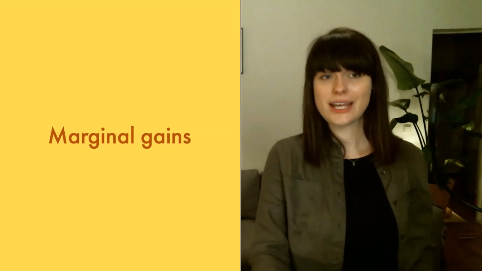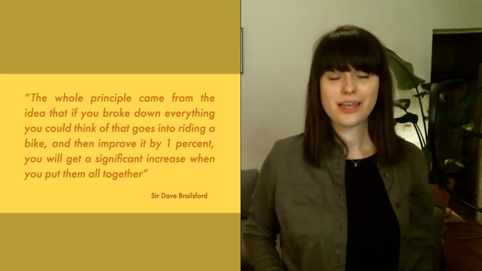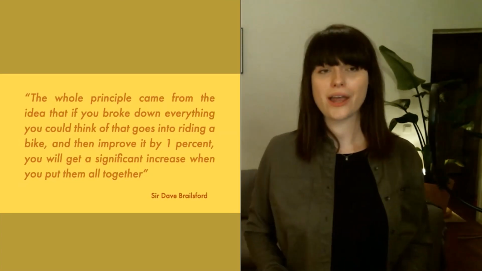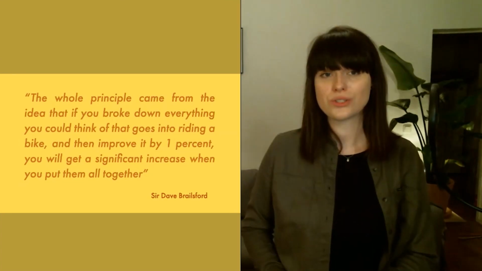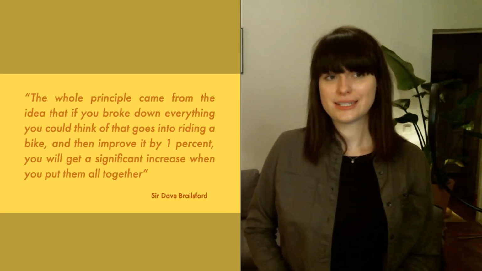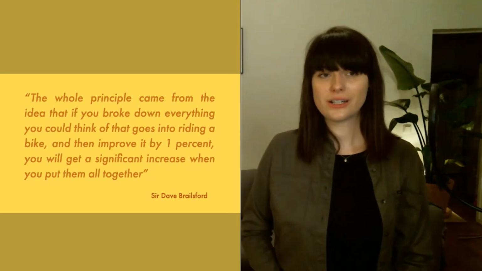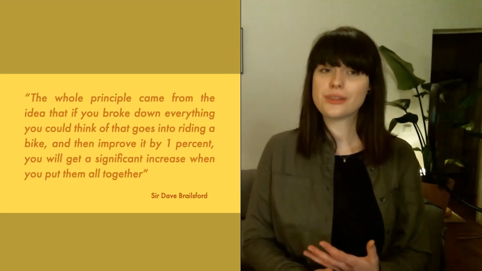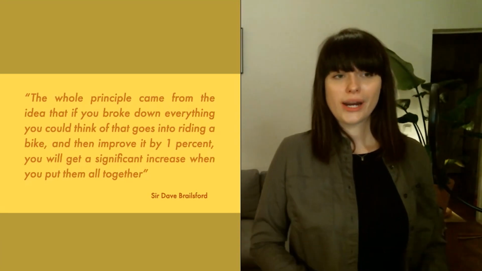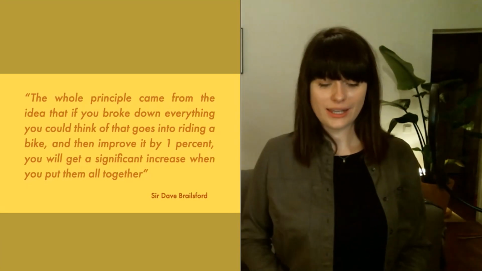As Brailsford said, the whole principle came from the idea that if you broke down everything you could think of that goes into riding a bike and then improved it by 1%, you'd get a significant increase when you put them all together. So where can we look for marginal gains in legacy codebases?